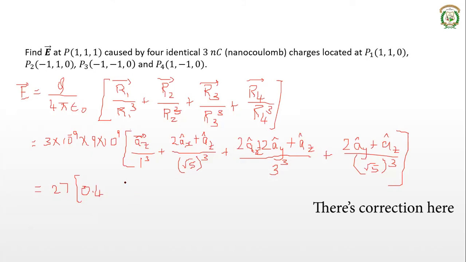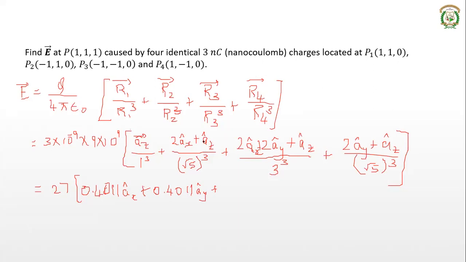Similarly, what is the ay and az component? Ay is here and here, 2ay divided by 27 plus 2ay divided by root 5 cube. I got 1.289.